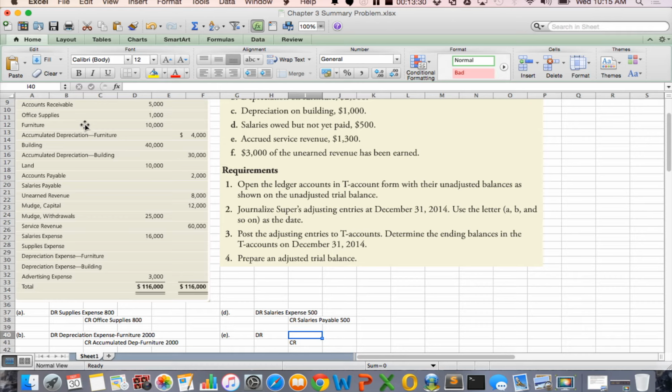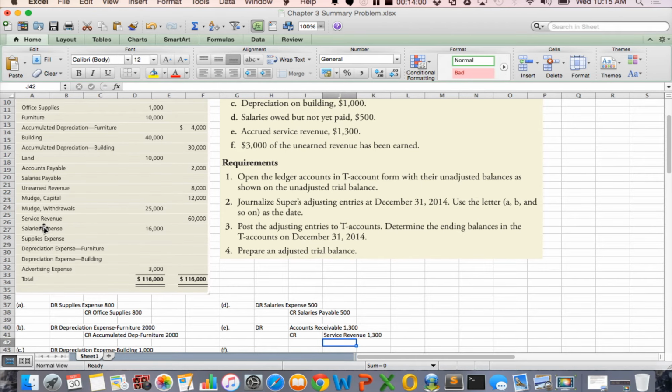Every accrued revenue problem that you deal with will have accounts receivable as the debit. And in the credit, since it said service revenue, we look over here and try to find a service revenue account, and there it is right there. So this is going to be a credit to service revenue. What's happening here is I'm recognizing $1,300 worth of revenue, but I've not got the cash for it yet.